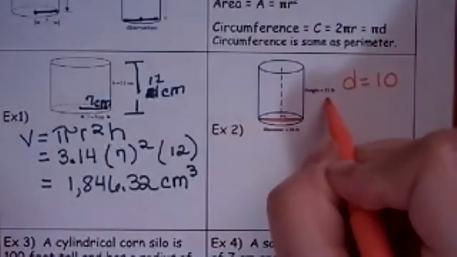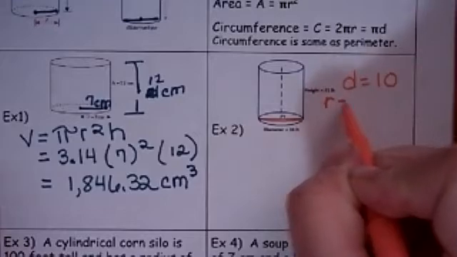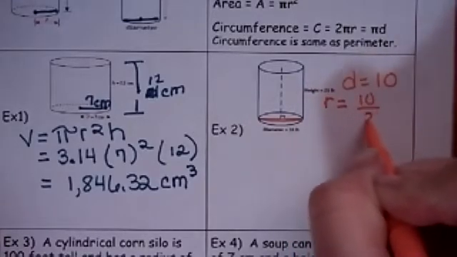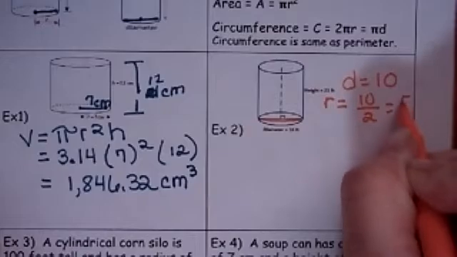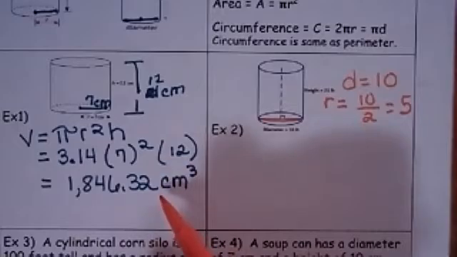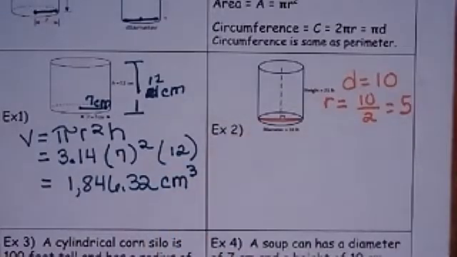So we're just going to take the radius, R equals, and what we're going to do is take that 10 and divide it by 2, or say that the radius is 5. Because remember, your radius is always half of your diameter. Now I'm ready for my formula. It's going to be the same 3 steps that I had right here, just different numbers.